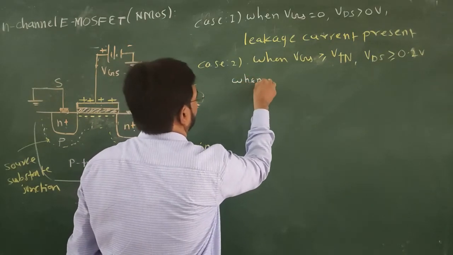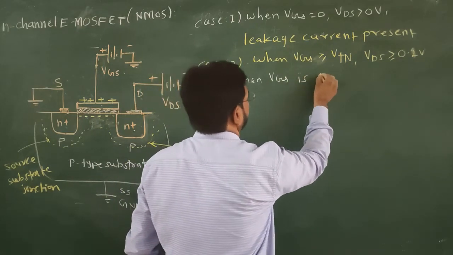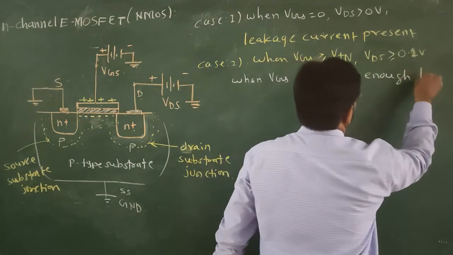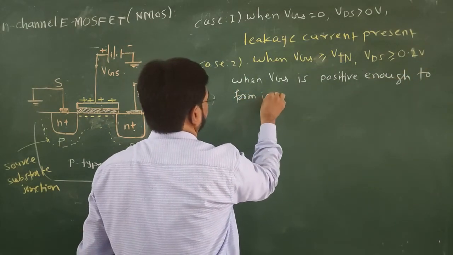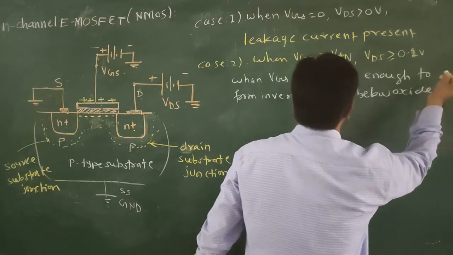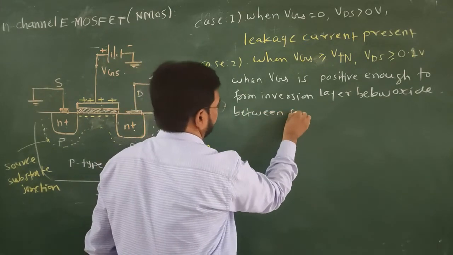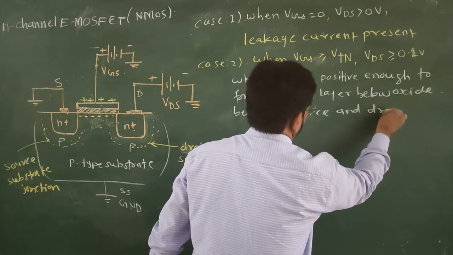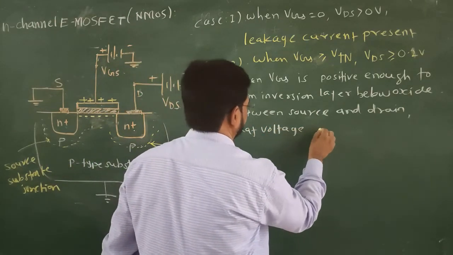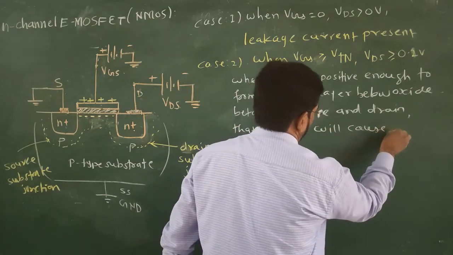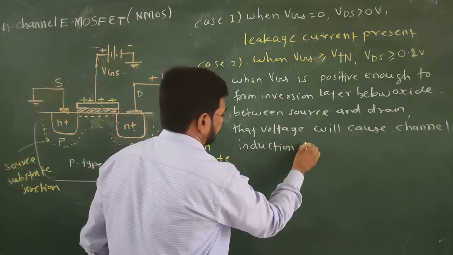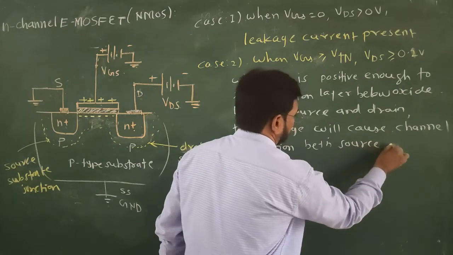So, that voltage is called the threshold voltage, okay. When VGS is positive enough to form an inversion layer below the oxide between source and drain, that voltage will cause channel induction between source and drain.